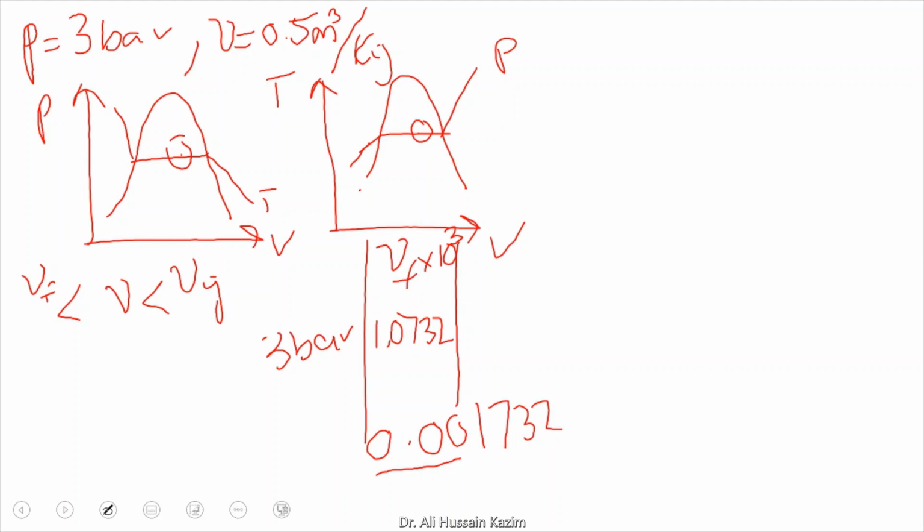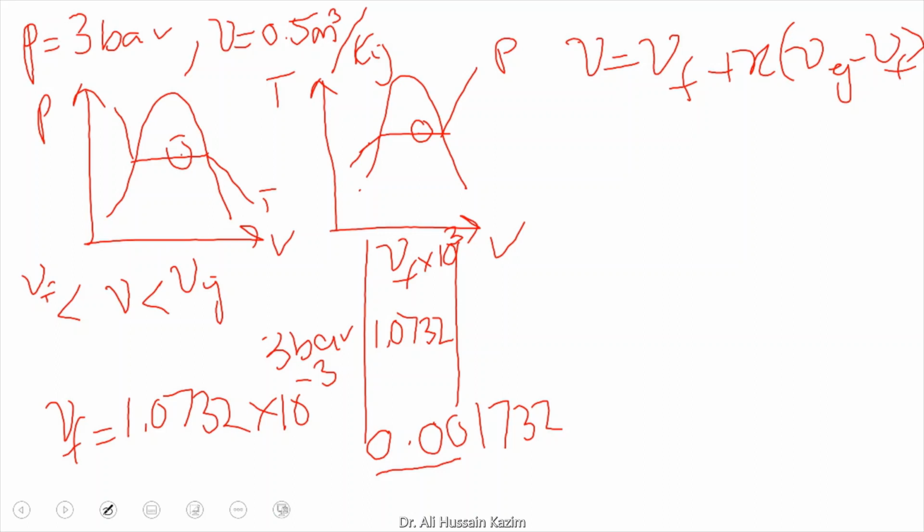So this VF comes out to be 1.732 into 10 raised to power minus 3. So V equals VF plus X into VG minus VF. Everything is known apart from X. So X comes out to be 0.825. Then we have to find the internal energy.